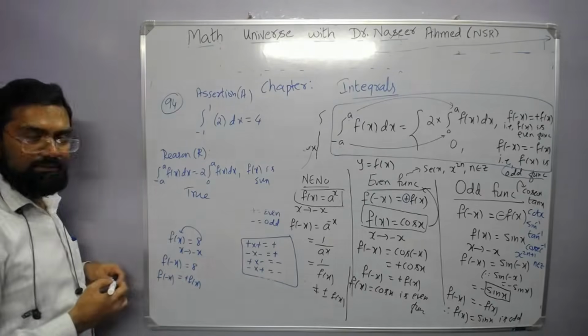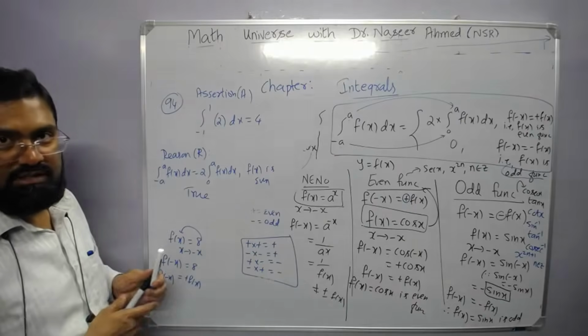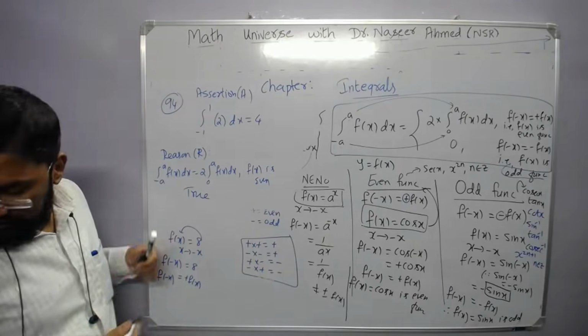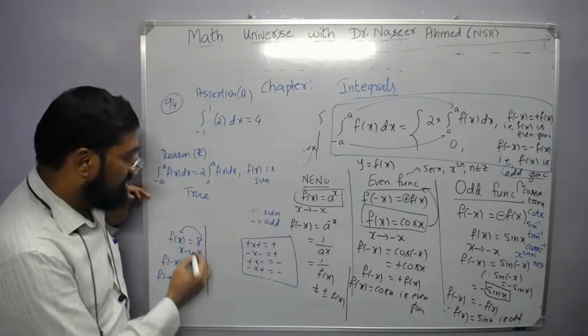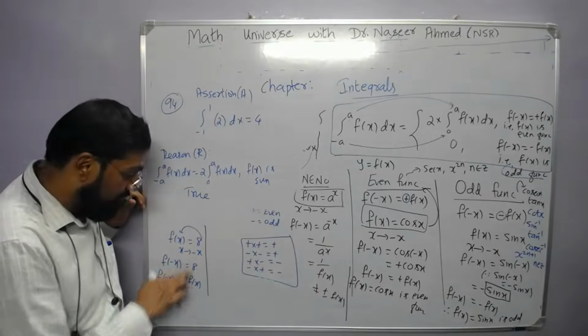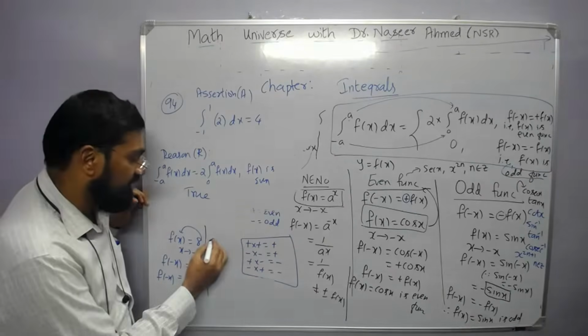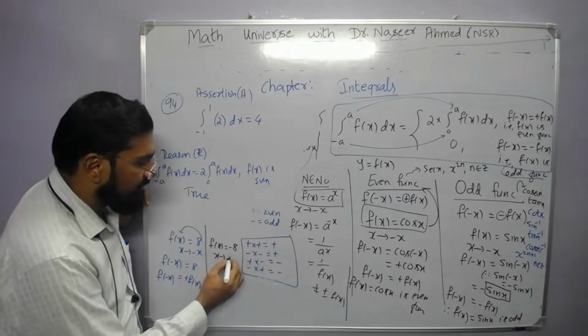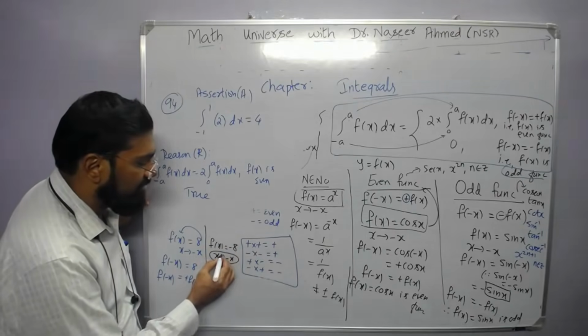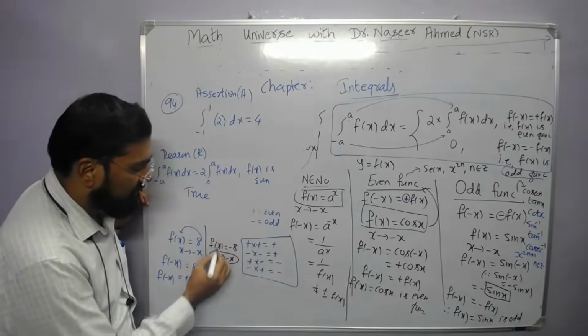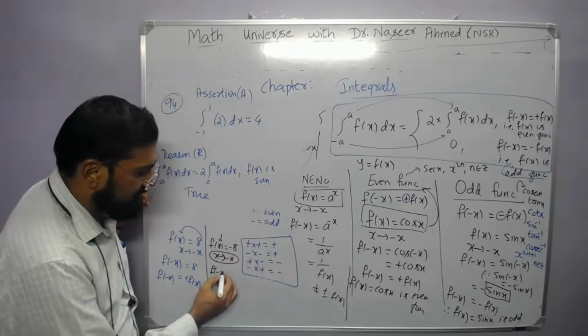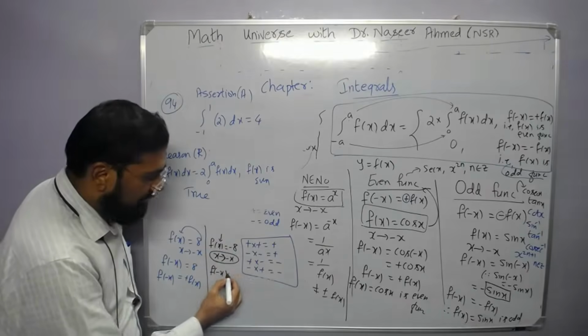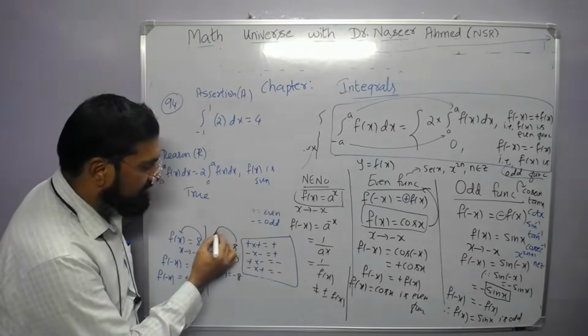Purposefully I have taken a numerical example because if I take a general constant, things will not be so clear. Now many will say, sir, since you have taken plus, you got plus; if you take minus, you will not get it. See carefully: f of x equals minus 8. Again replace x by minus x. Do we have x here? No. Minus 8 means minus 8. What is minus 8? F of x.